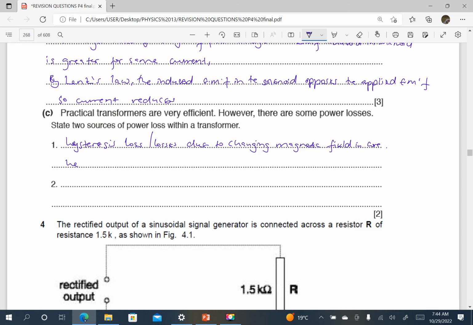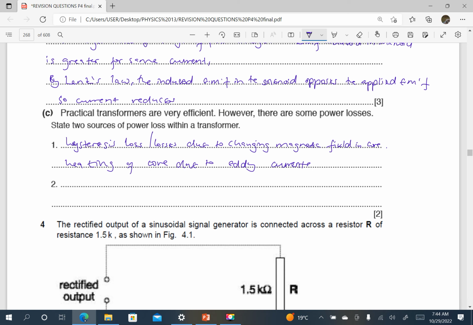We also saw heating of the core due to eddy currents. Note that eddy currents dissipate energy in form of heat.